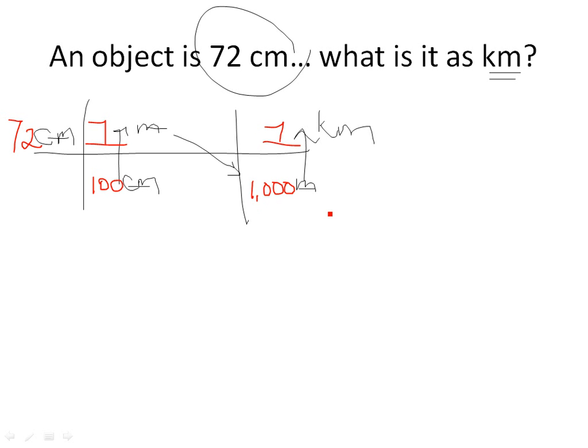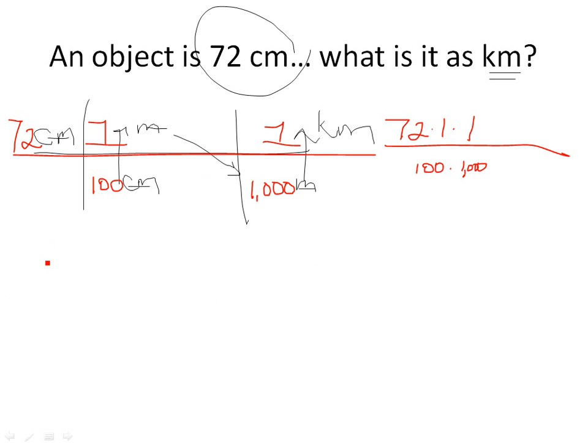If you're wondering where I got those numbers, that was way at the beginning of that line when I was saying there's 100 centimeters in 1 meter, or 1,000 meters in 1 kilometer. Now we've set ourselves up here to go 72 times 1 times 1 over 100 times 1,000. Okay? So you could run the math.